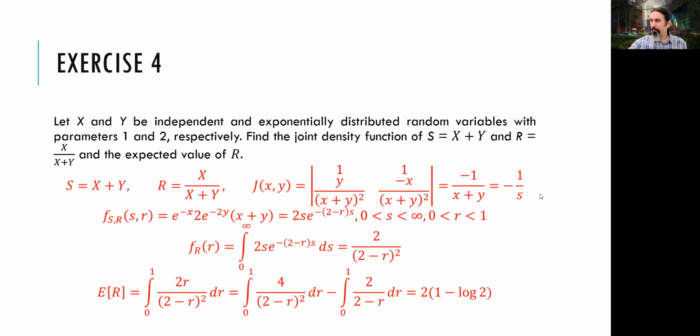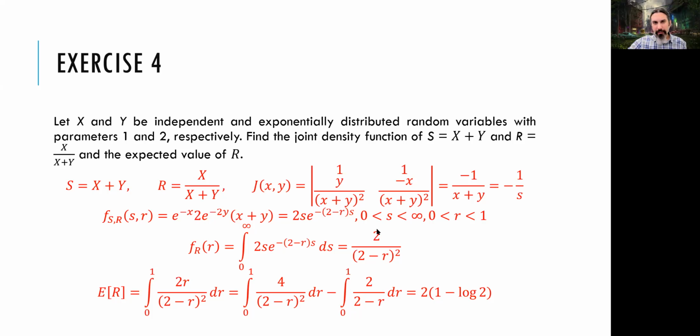So from here we can use the x and y values in terms of s and r and just replace them, replacing x and y with s and r, and we get this final joint density function for s and r.